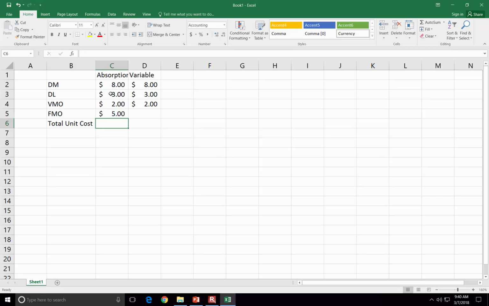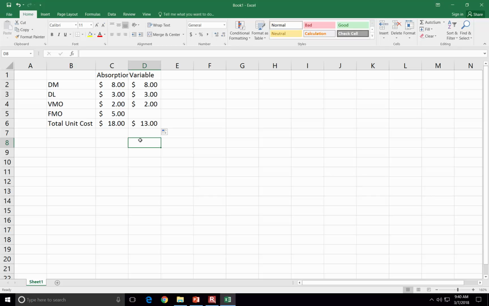So our fixed manufacturing overhead, $5. So our total unit cost under absorption was $18, and under variable, $13. What's the difference? The fixed manufacturing overhead. Where does the fixed manufacturing overhead go? It's going to be included in the period costs under variable costing.